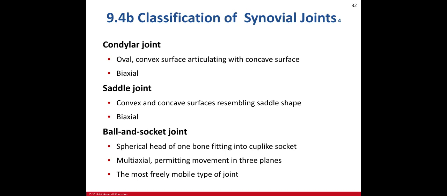And that can be found in some joints in your wrist, like your metacarpal. So you can move your thumb toward your other fingers as well as grasp stuff. And then a ball and socket joint, that's a spherical head fitting into a cup-like socket, multiaxial, most freely moving. Think of your hip or your shoulder.